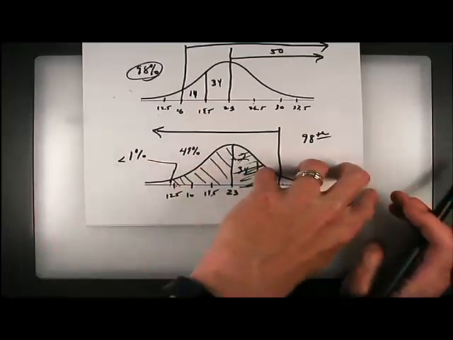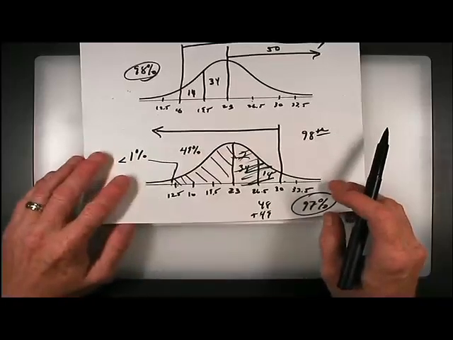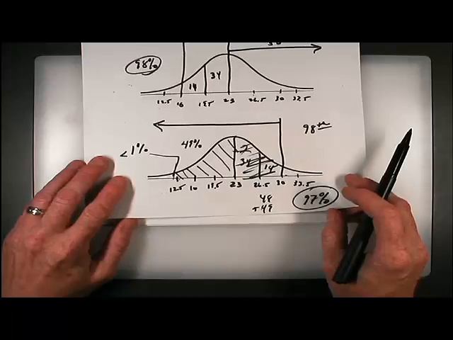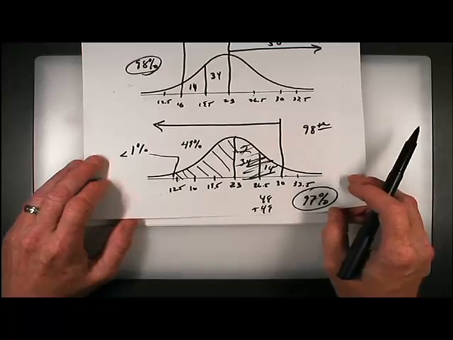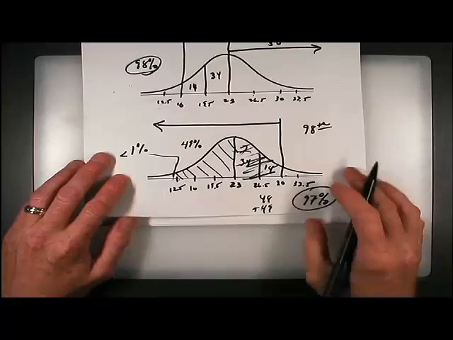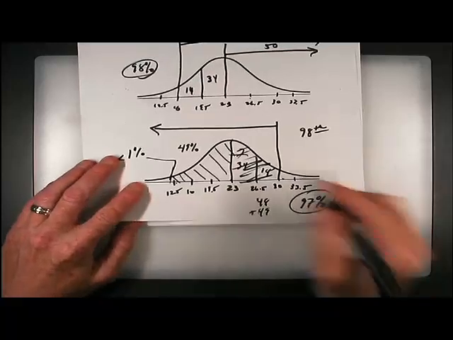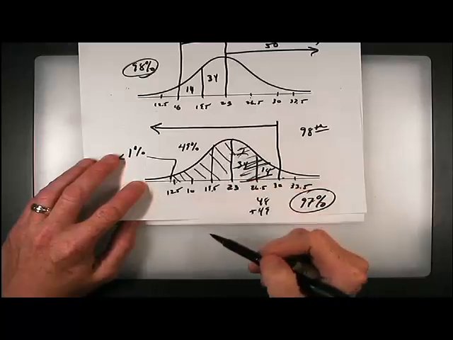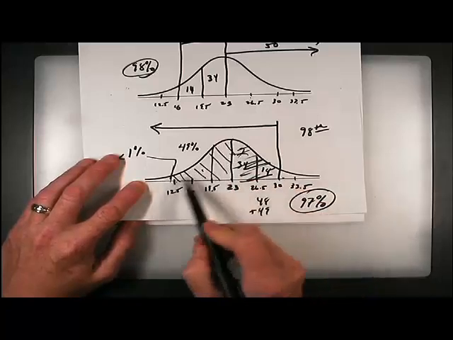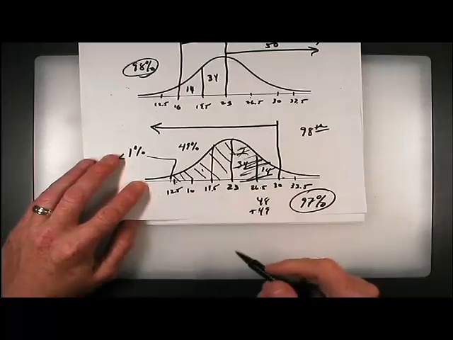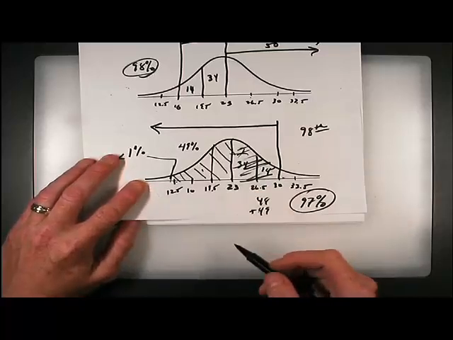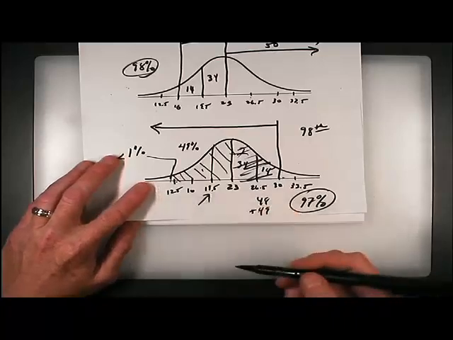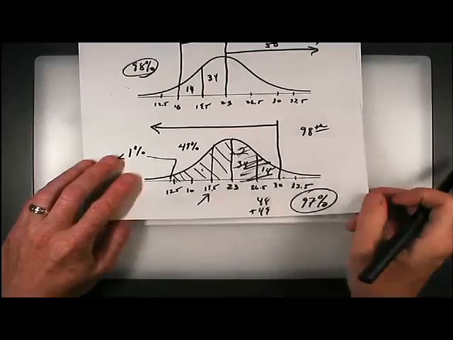Then it says, for what price would a car at the 16th percentile rank have sold? So this is 14 and that's 2%. For what value would a car at the 16th percentile have sold? $19,500.